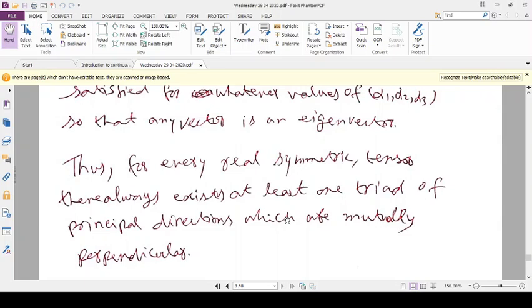We know that for every real symmetric tensor, the eigenvalues are real, and we have also seen that there exists at least one triad of principal directions. One triad means that there exist at least 3 principal directions which are mutually perpendicular to each other.